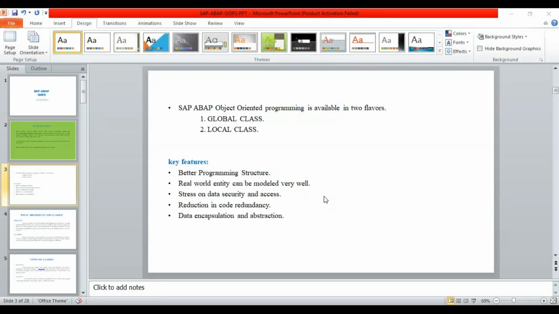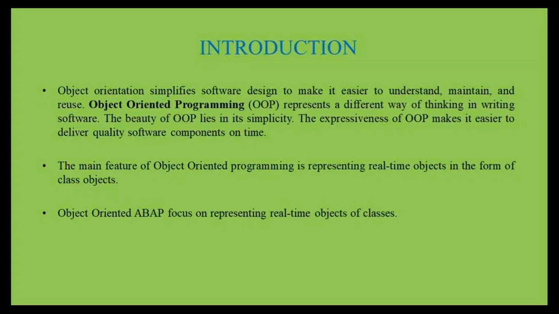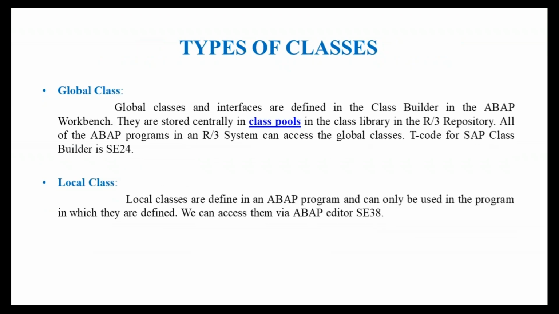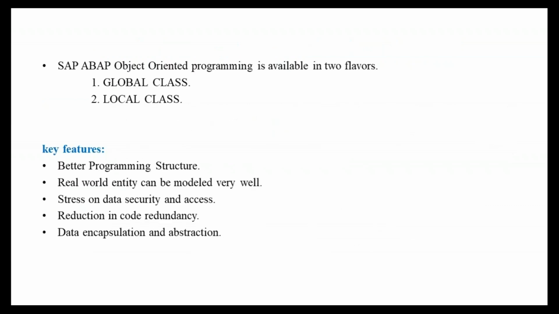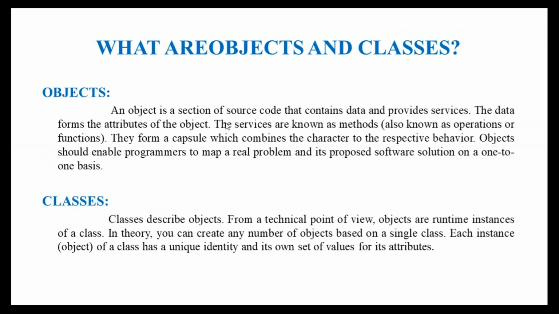So here we were understanding the concept of object programming, and as I was telling you, every object programming will make use of classes, and these classes can either be declared globally, or used as a local class.